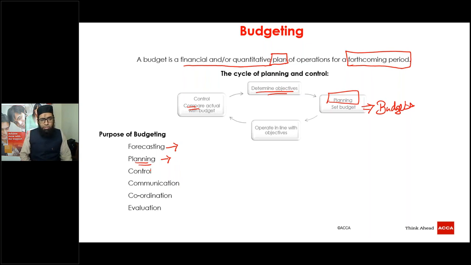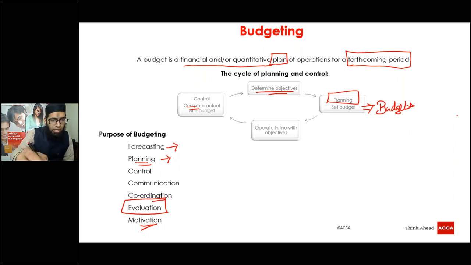Budgets are also used to evaluate performance, to assess whether the business or the division has performed well or not. And budget is also used to motivate, although there is a discussion on that which will come up in the near future.